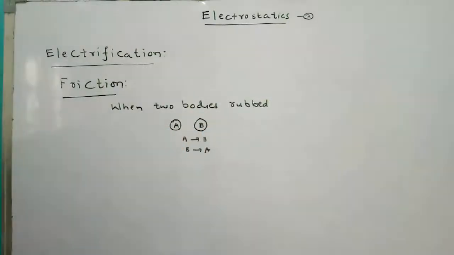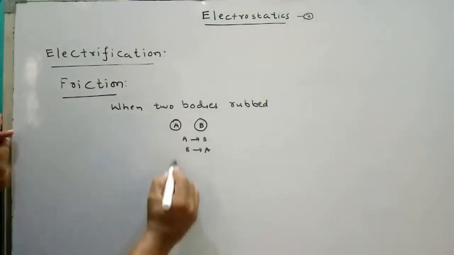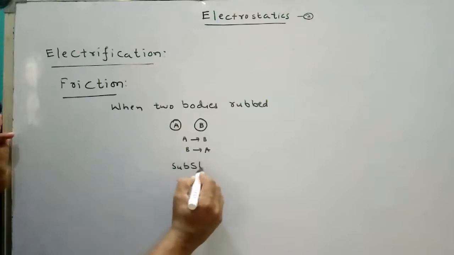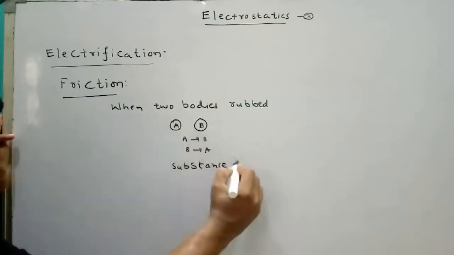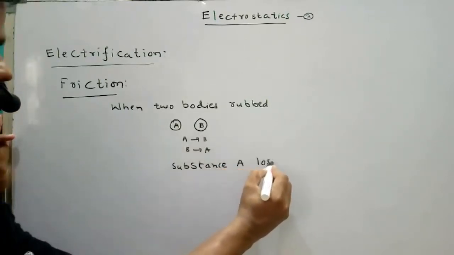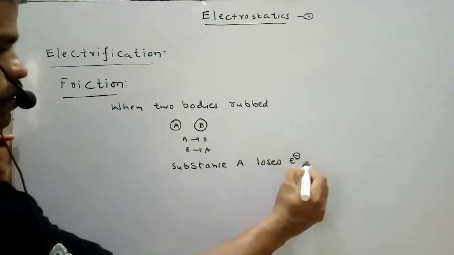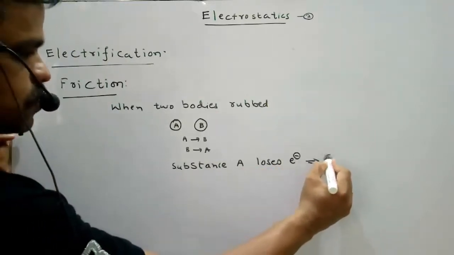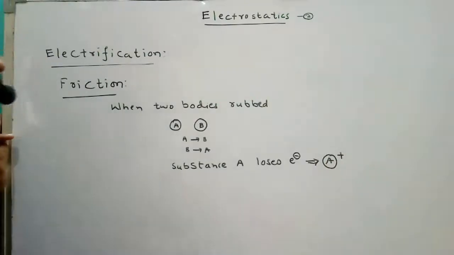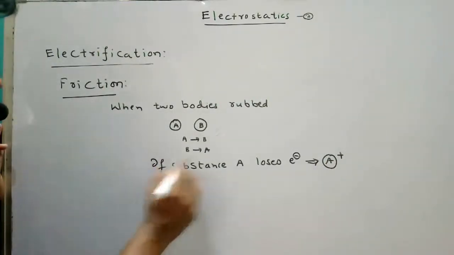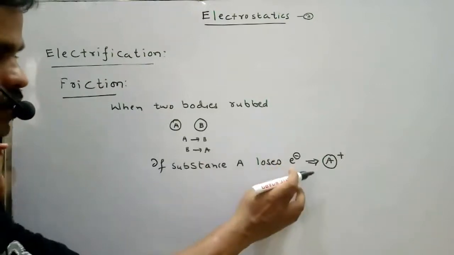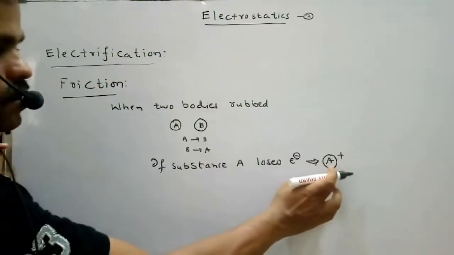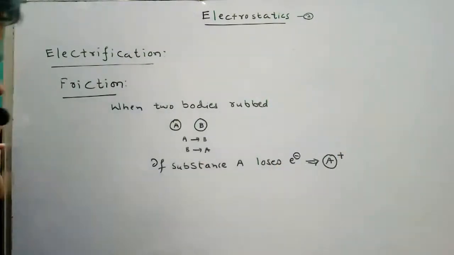Here, what is happening? So if substance A loses electrons, the substance A gets positive charge.